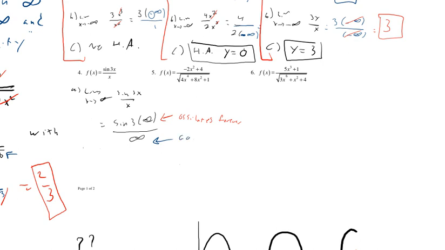So the question is, which one's more powerful, right? Oscillating forever or going to 0? And in these situations, it turns out the bottom one wins. The denominator takes over the situation. When we divide by infinity, that answer is always going to get to 0.